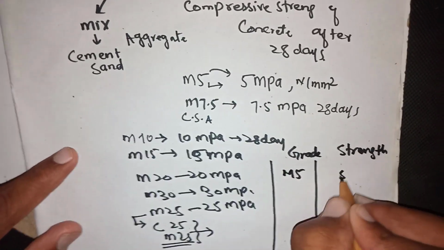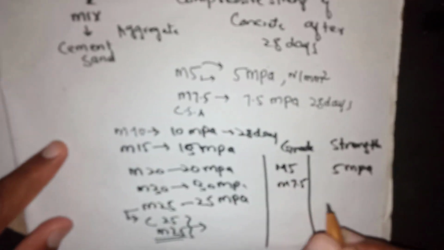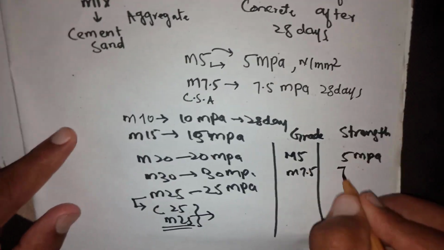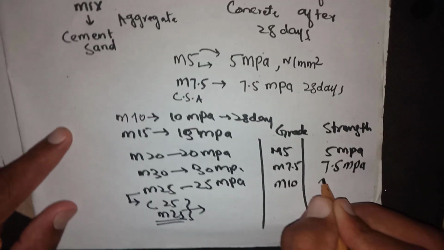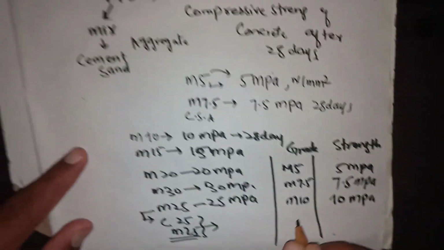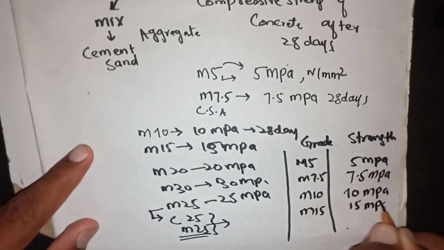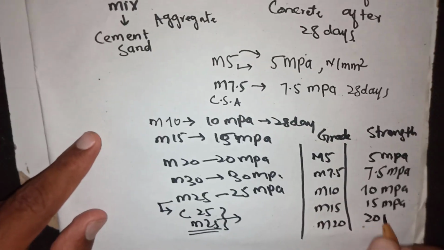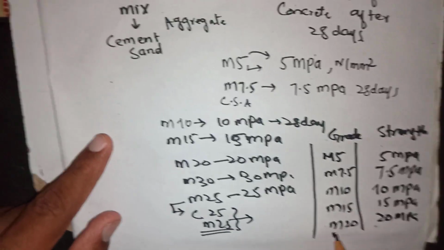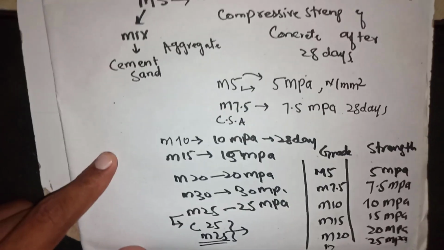M5, 5 megapascal; M7.5, it will be 7.5 megapascal; M10 it will be 10 megapascal; M15 it will be 15 megapascal; for M20 it will be 20 megapascal, and for M25 it will be 25 megapascal.